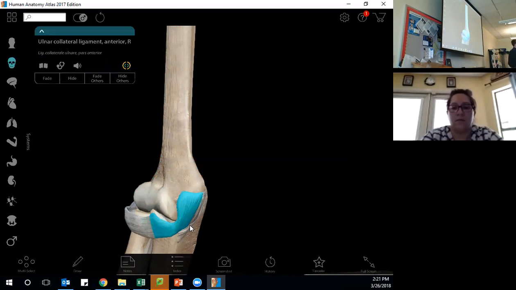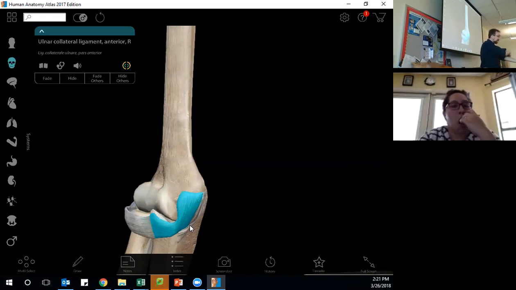Ulnar collateral ligament is going to prevent against which force? Valgus or varus? So, medial side, UCL restricts against valgus or varus force? Valgus. Valgus force.